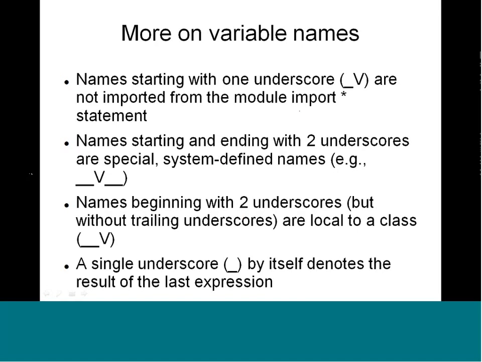We will look at this later on, as to how to use that. And then names starting and ending with two underscores, like underscore underscore b underscore underscore, are special. Basically, they are system defined names.